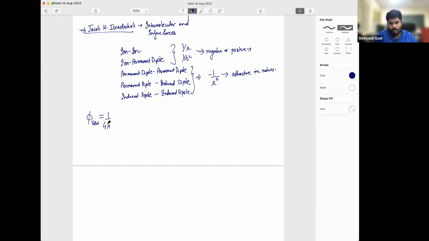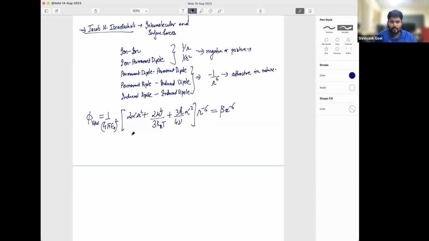one by 4 pi epsilon naught square, 2 alpha mu square plus 2 mu to the power 4 by 3 kbT, plus 3h by 4 mu alpha square, times r to the power minus 6, and this corresponds to the net beta x to the power minus 6.